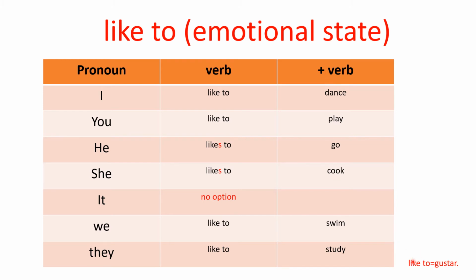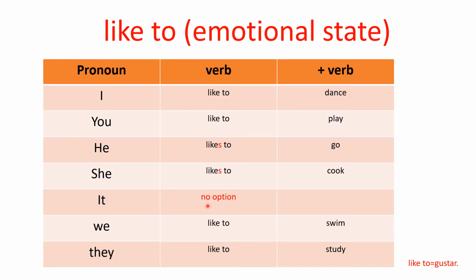And the meaning of like to is here. Stative verb, emotional state. I like to dance. You like to play. He likes to go. She likes to cook. It, no option, because it is for objects, right?